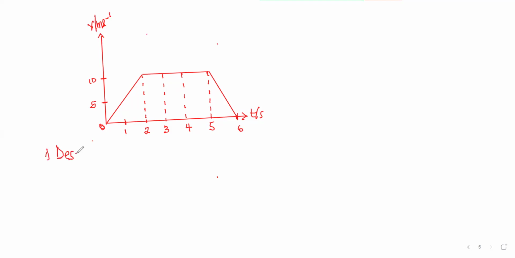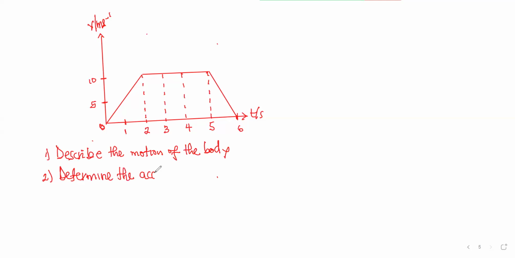Our work is: 1. Describe the motion of the body. 2. Determine the acceleration during the first 2 seconds.